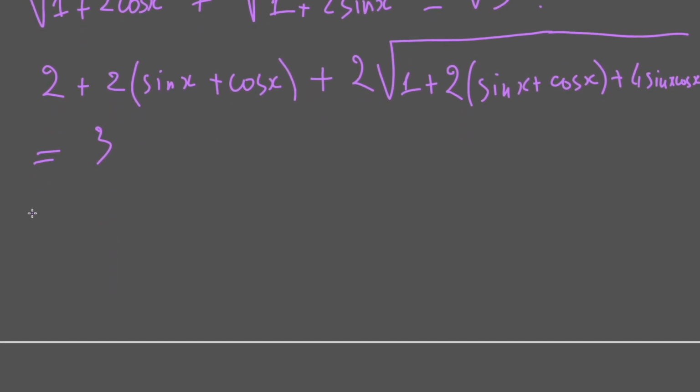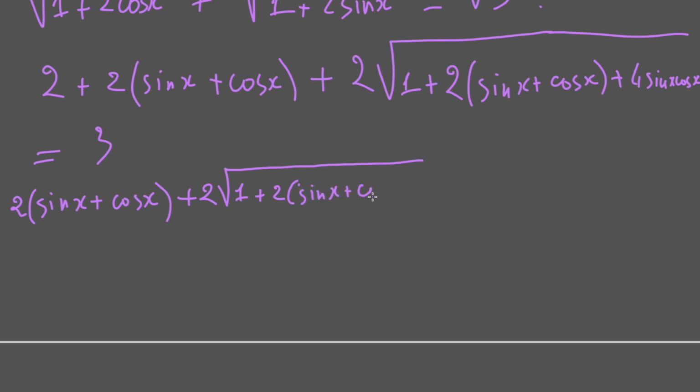So simplifying that, we will have 2 times sine x plus cosine x, plus 2 multiplied by square root of 1 plus 2 times sine x plus cosine x plus 4 sine x cosine x, minus 1 equal to 0.